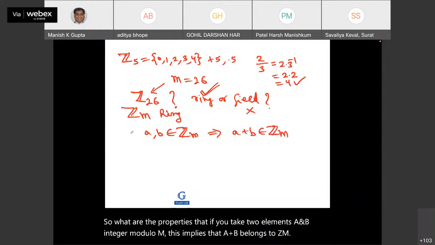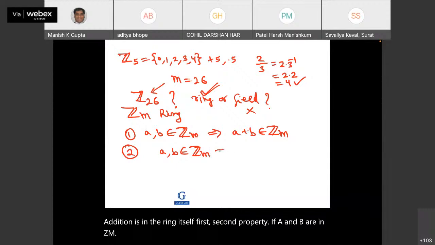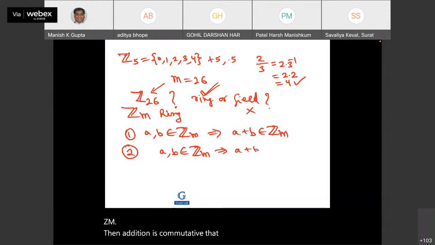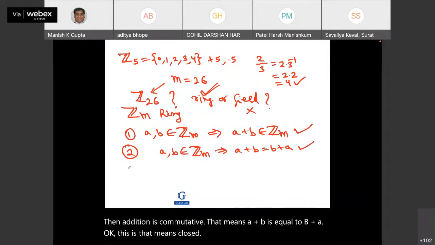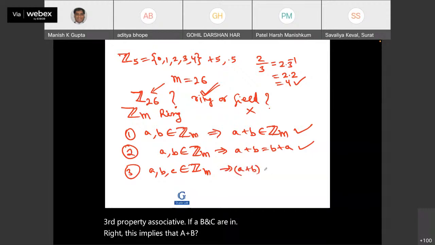Addition is closed in the ring itself. Second, if a and b are in Zm, then addition is commutative, that means a plus b is equal to b plus a. Third property, associative: if a, b, and c are in Zm, then (a plus b) plus c is the same thing as a plus (b plus c).